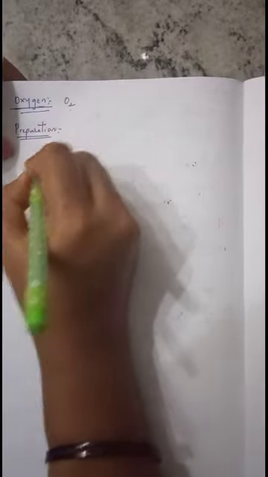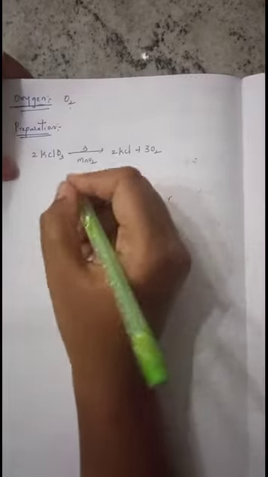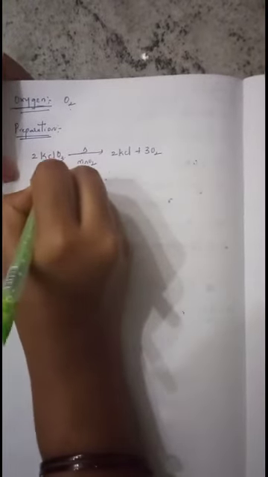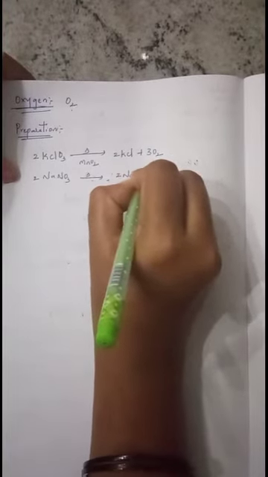Dioxygen is prepared by taking 2 moles of KClO3. When it is heated with MnO2, it is converted into 2 KCl plus 3 O2. Next, when 2 moles of NaNO3, sodium nitrate, is heated, it is converted into 2 NaNO2 plus O2.